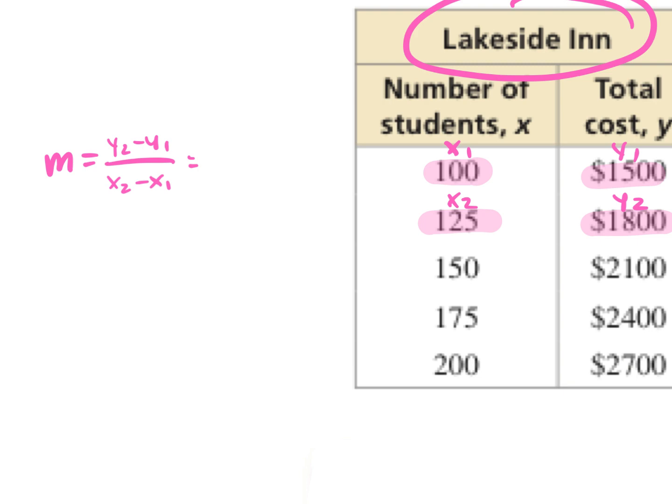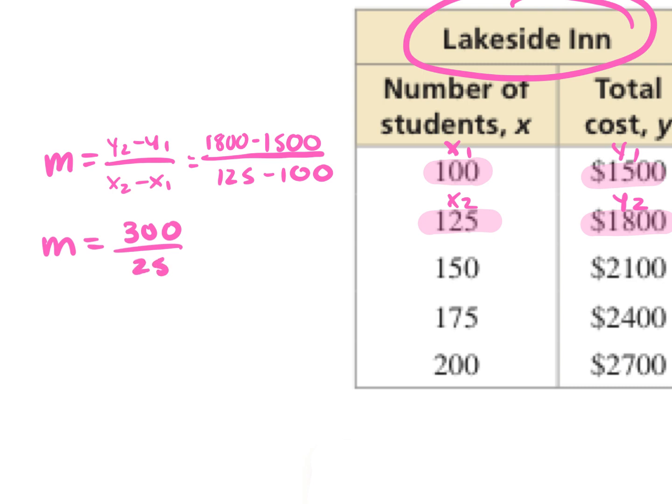So when we plug that in, we get 1800 minus 1500 over 125 minus 100. So our slope is going to be 300 over 25. 300 divided by 25 would be 12. Awesome.